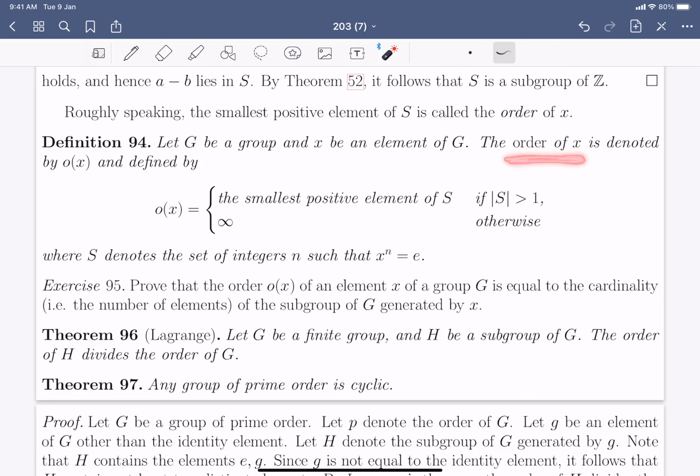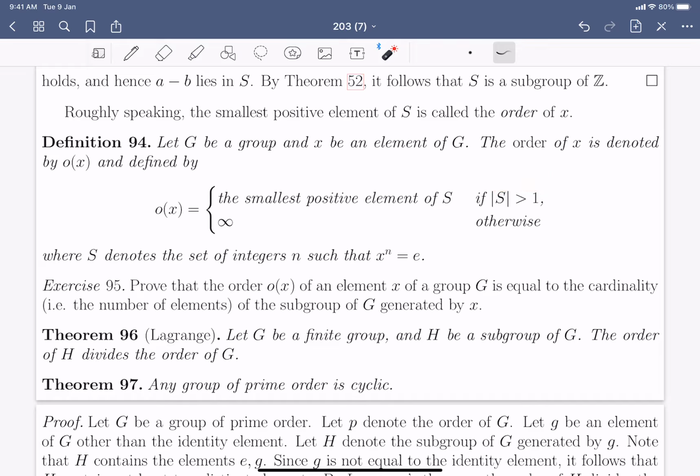The order of an element X of a group G is denoted by little o of X and is defined to be the smallest positive element of S, where of course S is the set of all integers n such that X power n equals identity, okay? You can of course pick the smallest positive element when the size of S is larger than 1, because inside S you have the element 0, right?